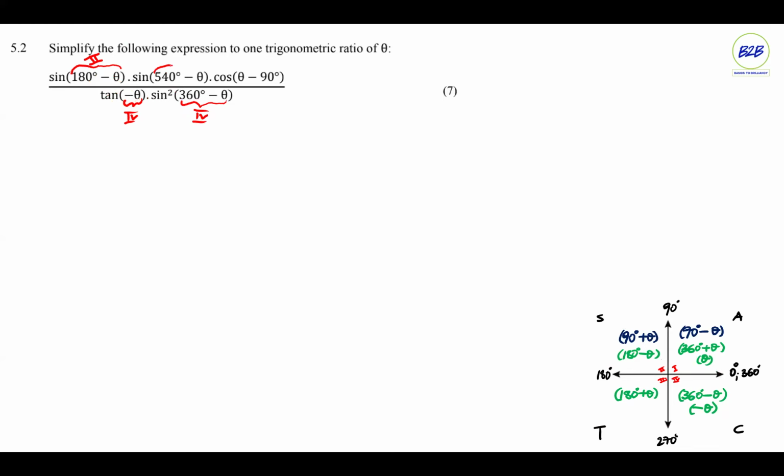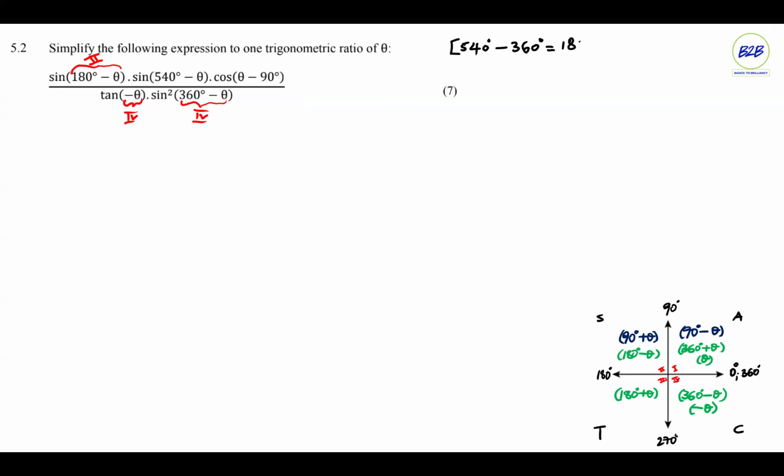However, with regards to the reduction formula, 540 degrees minus theta, that is not part of our standard or normal reduction formulae. So that's a problem. But where is the problem? The problem is with the 540 that we see there. But is that really a problem? Remember, 540 degrees is just a number greater than 360. So what do we do with it? We subtract 360 degrees. And then what do we get?